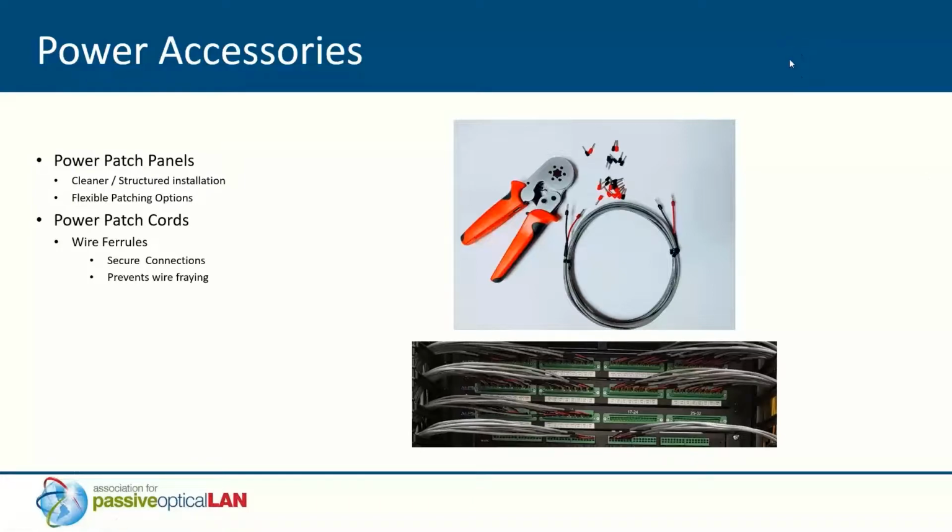We think this is a better way of doing an installation when you're doing a fiber power installation. It allows the electrician or cabling contractor to pre-terminate your fiber as well as your power on the back side of a patch panel, and then allow you to come in later and patch your power from the front of that patch panel down to your remote power device.